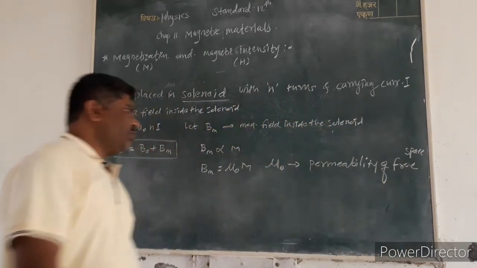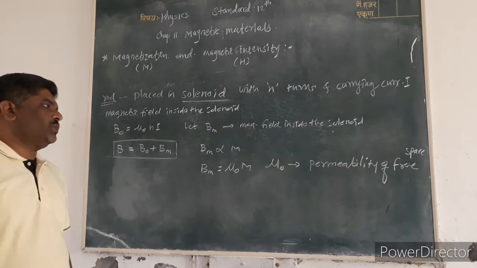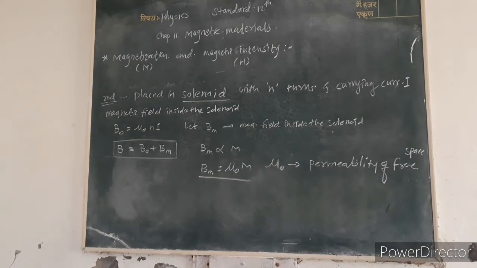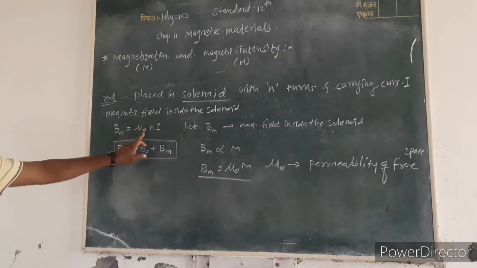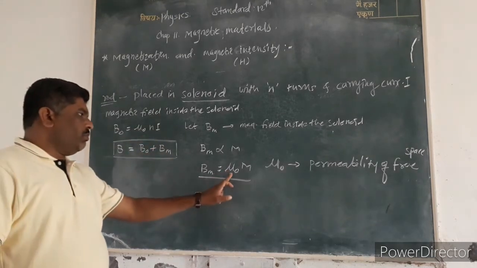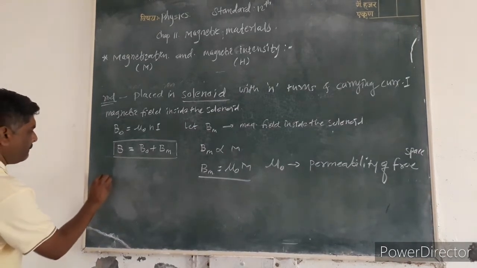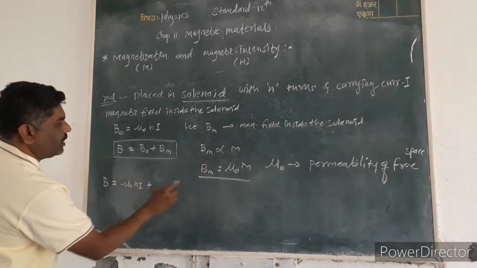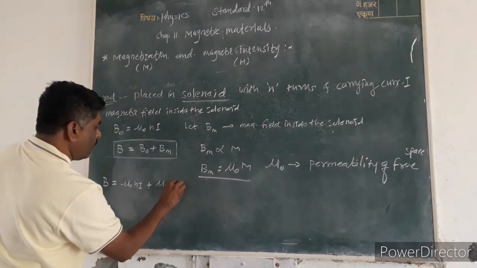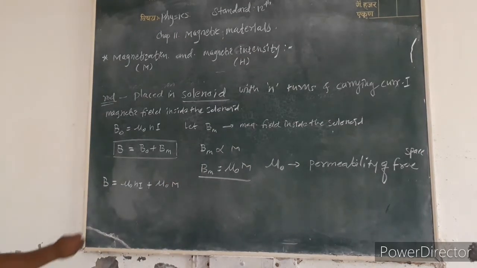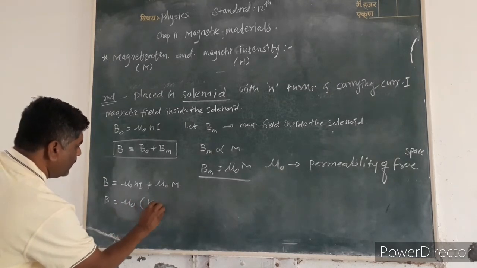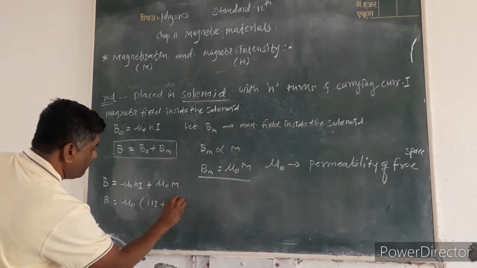Using B0 is equal to mu 0 n I and Bm is equal to mu 0 M, the total B is mu 0 n I plus mu 0 M. Therefore, B is equal to mu 0 into bracket n I plus M.